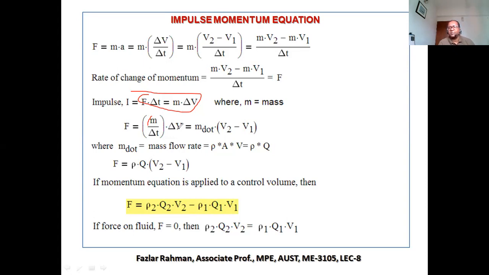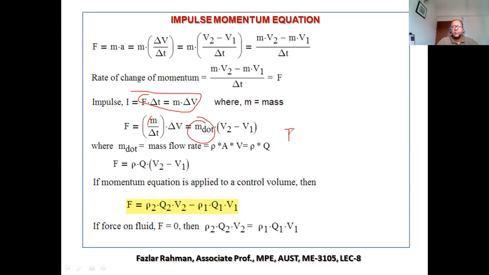For example, when you're driving a car. But in a fluid, your mass might be changing. The fluid might be compressible, and due to head loss the flow rate might increase or decrease. So we are putting m by delta t, that means m dot.